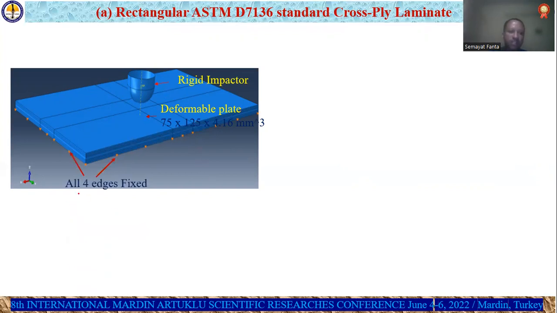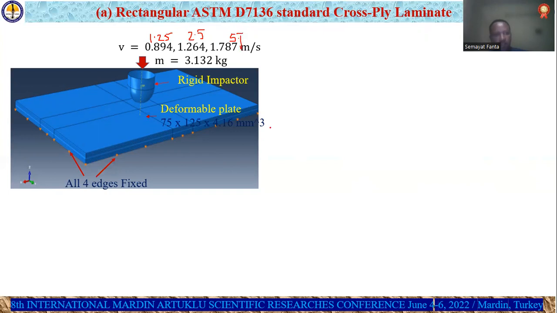And for each, fixed boundary conditions are considered, and 3 different velocities are applied, which produce different impact energy. This one produces 1.25 joule energy, this one produces 2.5 joule energy, and this one produces 5 joule energy.